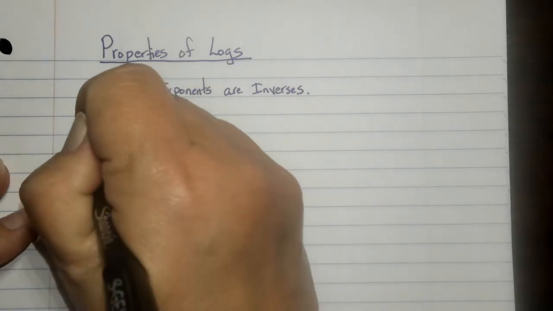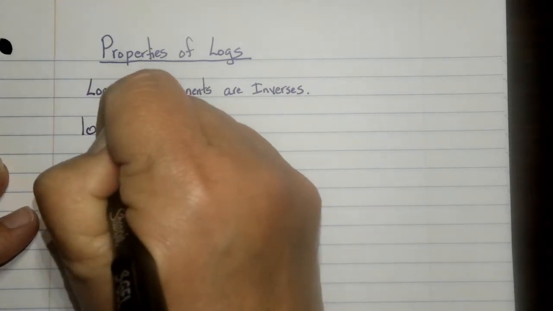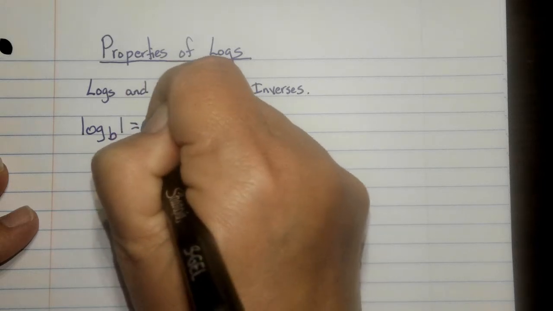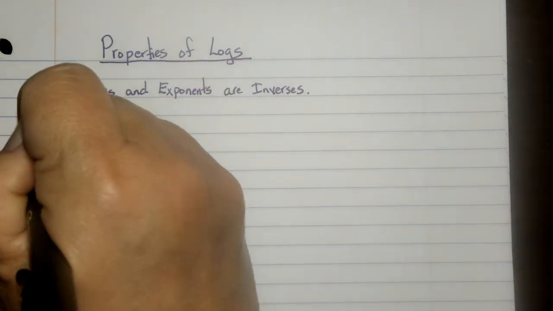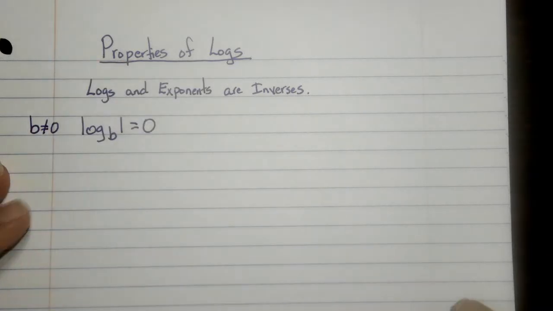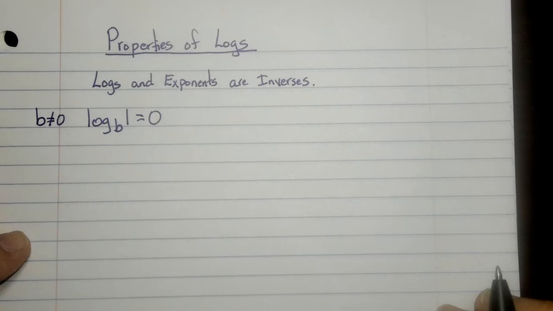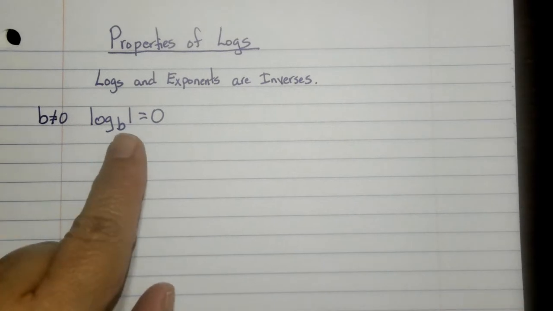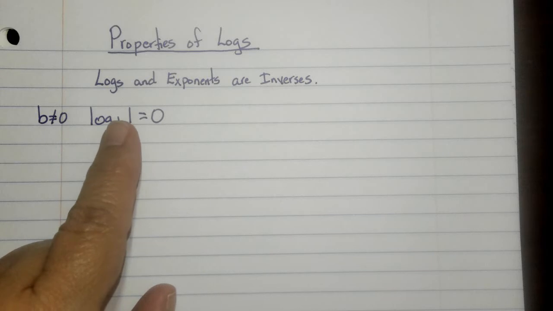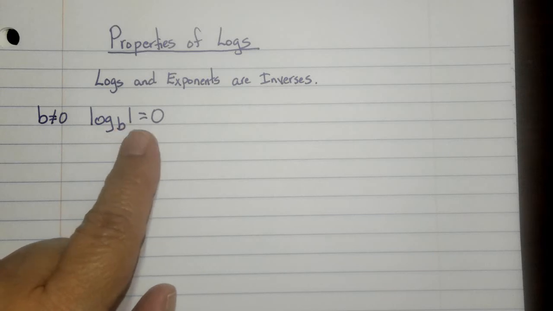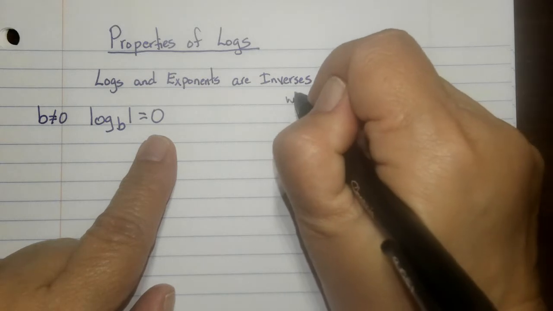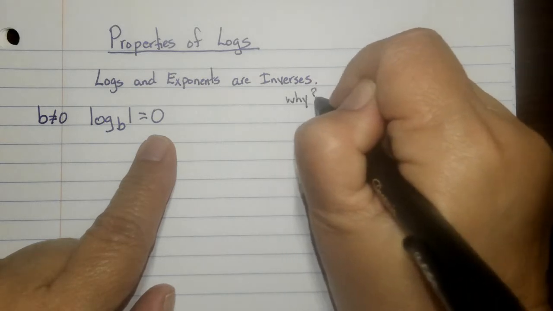Alright, so our first property says log base b of 1 is equal to 0. This is going to apply for any b that doesn't equal 0. So any base that you have that's not 0, if you take the log of 1 in that base, it's going to be equal to 0. And so you might be thinking, well, why?